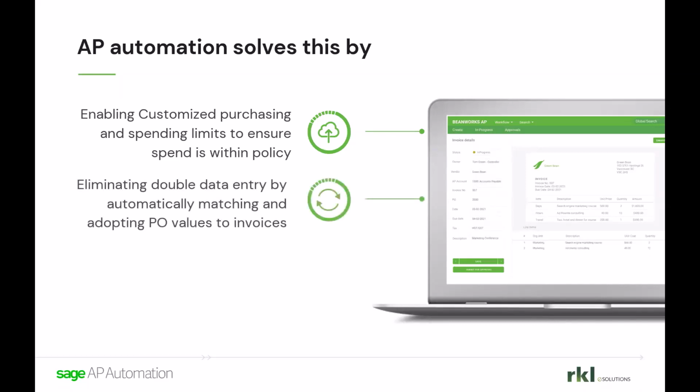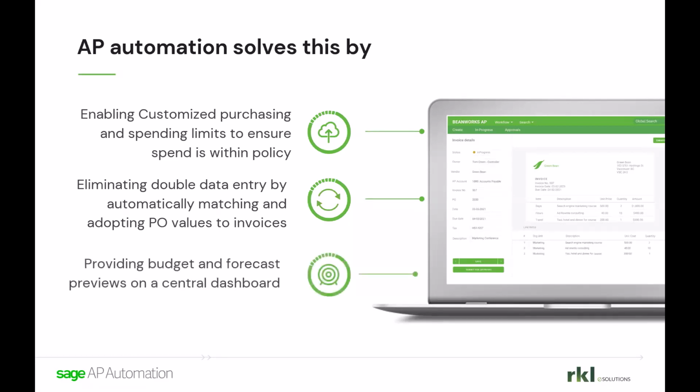In addition, it eliminates double data entry. By automatically matching POs to invoices, all that information gets pulled off the PO for you, and you don't have to re-enter all that information again on the invoice when it shows up.